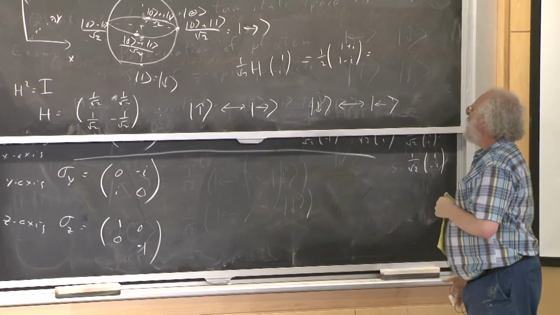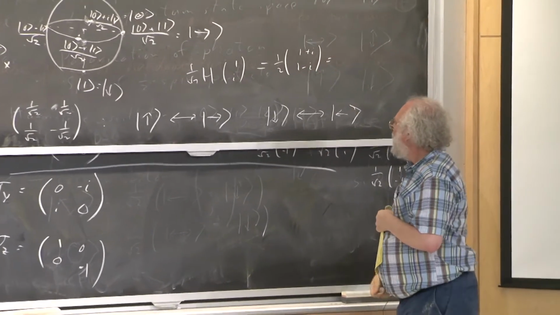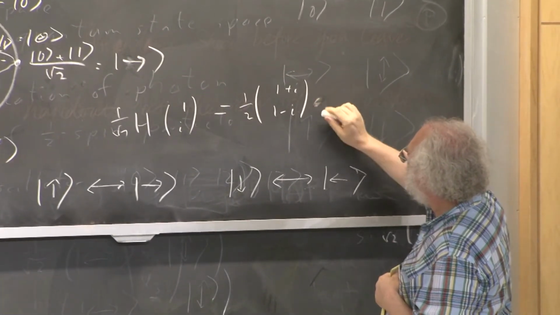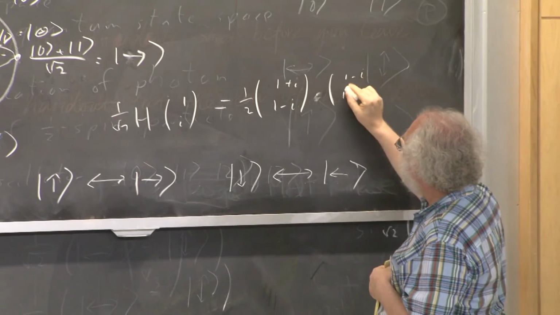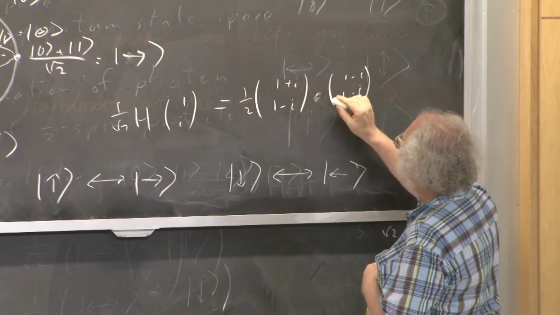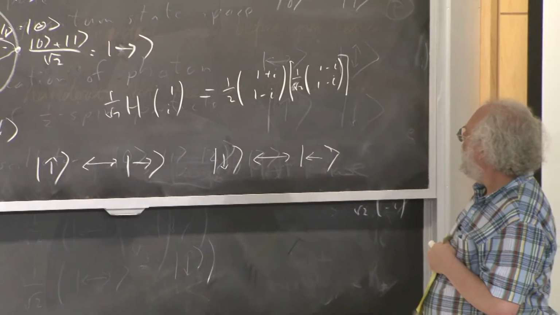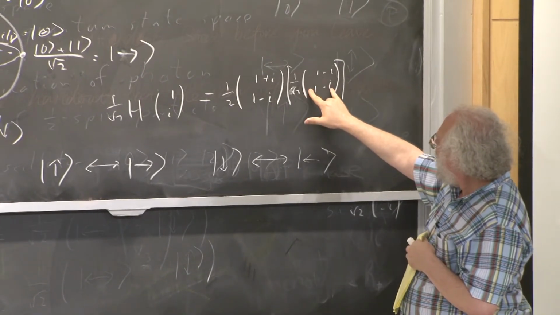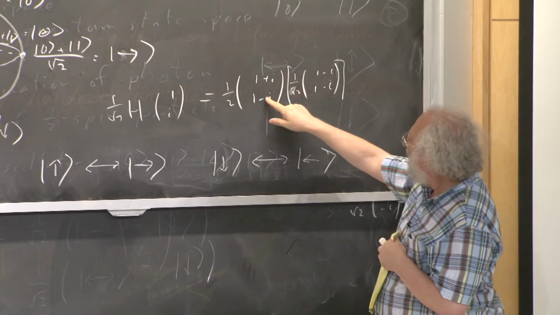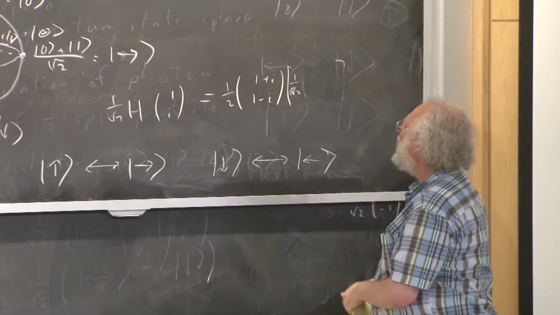Well, you can multiply the top and bottom of this by 1 minus i over root 2. I mean, this is supposed to be a scalar, I'm sorry.